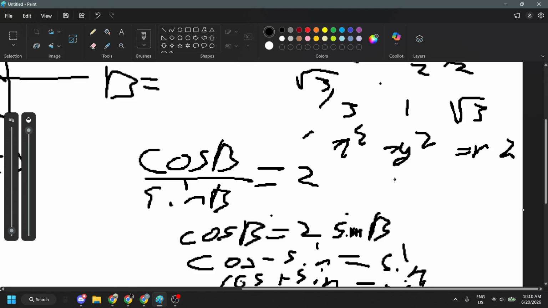Divided by x squared, we get 1 plus tangent squared is equal to secant squared.